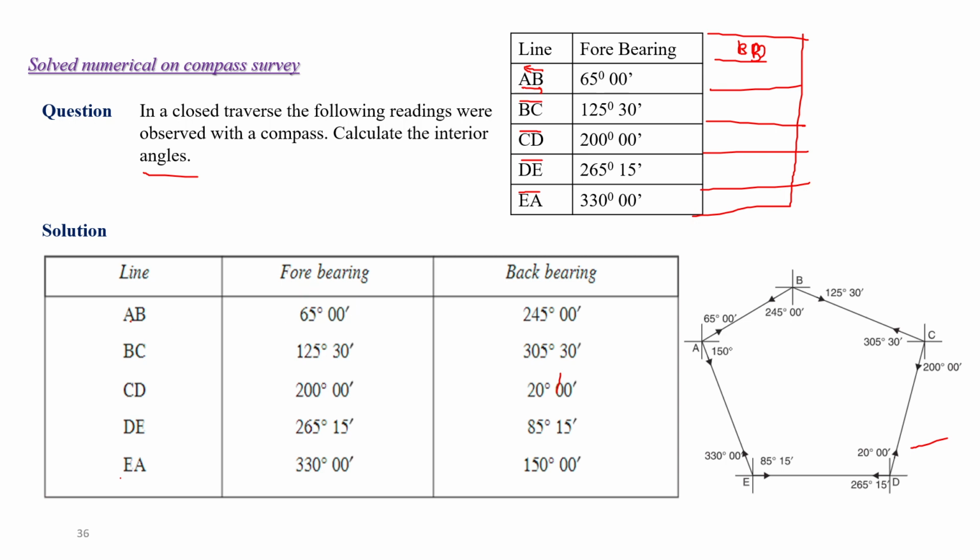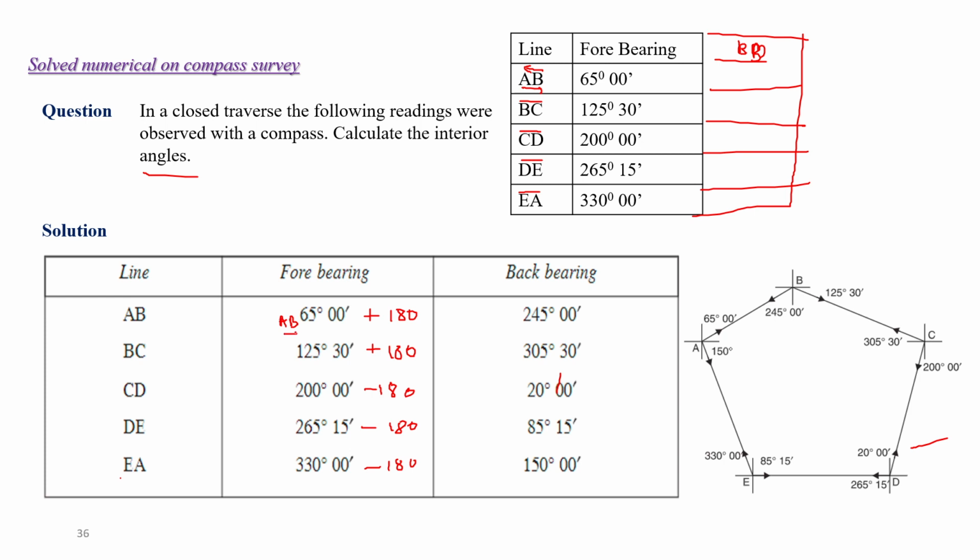This angle is A to B. Okay, we have to calculate B to A. So for back bearing we will add 180 here because it is less than 180. Here also we will add 180. It is minus 180, it is minus 180, this is minus 180. So we will get this angle. Okay, back bearing.